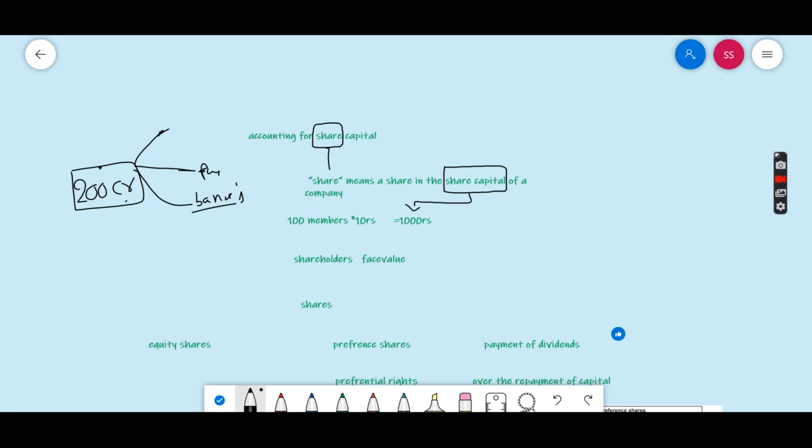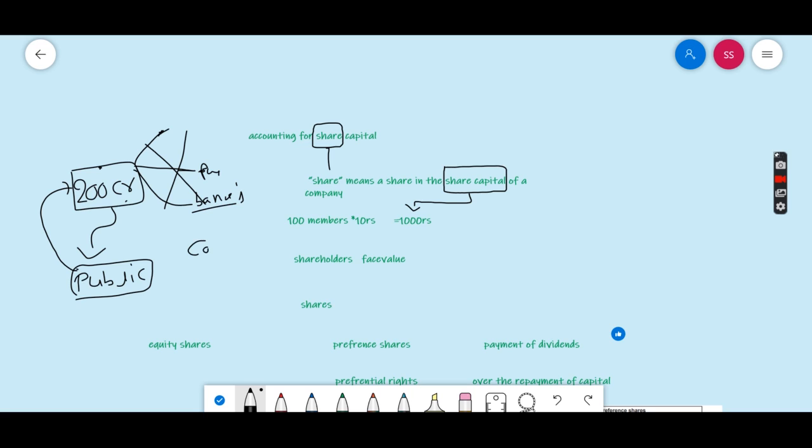So if all these options are not for you, then you can go to the public. You can explain your idea to the public and invite them to contribute money or invest in your business. If the public like your idea, then they will invest in your company, right?